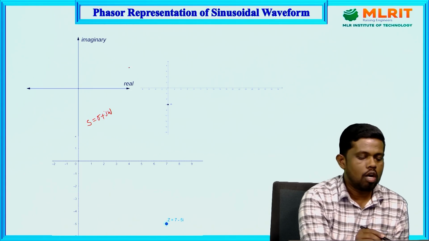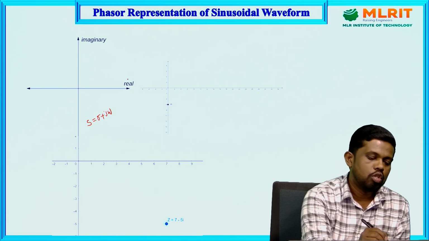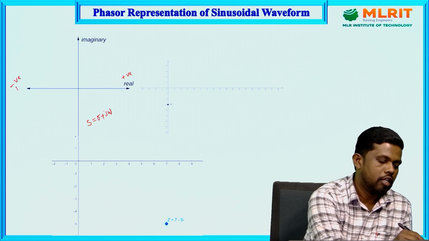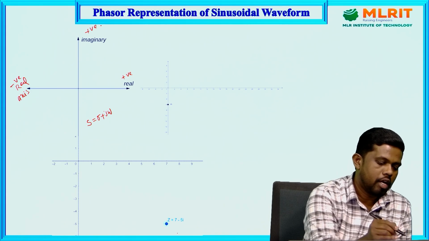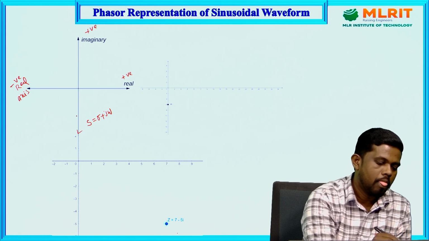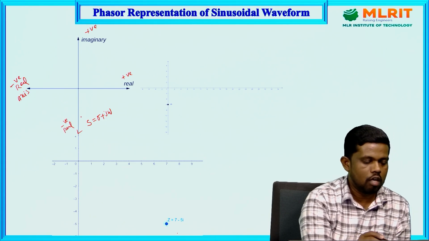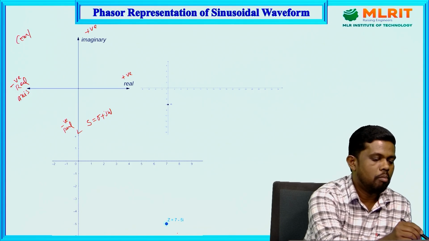So it has two different real axes and two different imaginary axes. This one we can say is the positive real axis, this one is the negative real axis, this one is the positive imaginary axis, and this one is the negative imaginary axis. This whole thing is a complex plane.